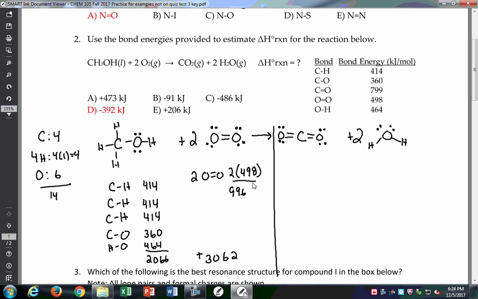Forming releases energy. So we're not forming as many bonds, we're forming 2 CO2 bonds. So C double bond O, 799, and we're forming, so that's negative. And then we're forming in each water molecule 2 OH bonds.